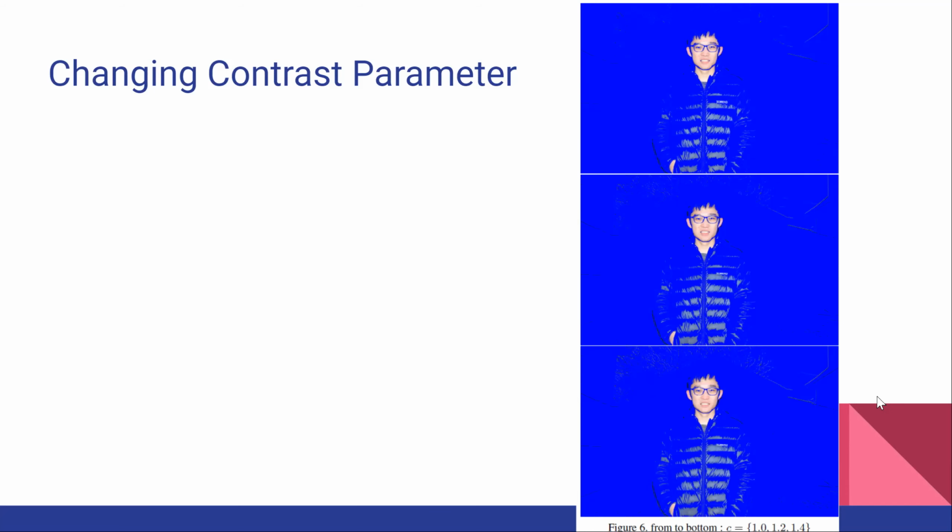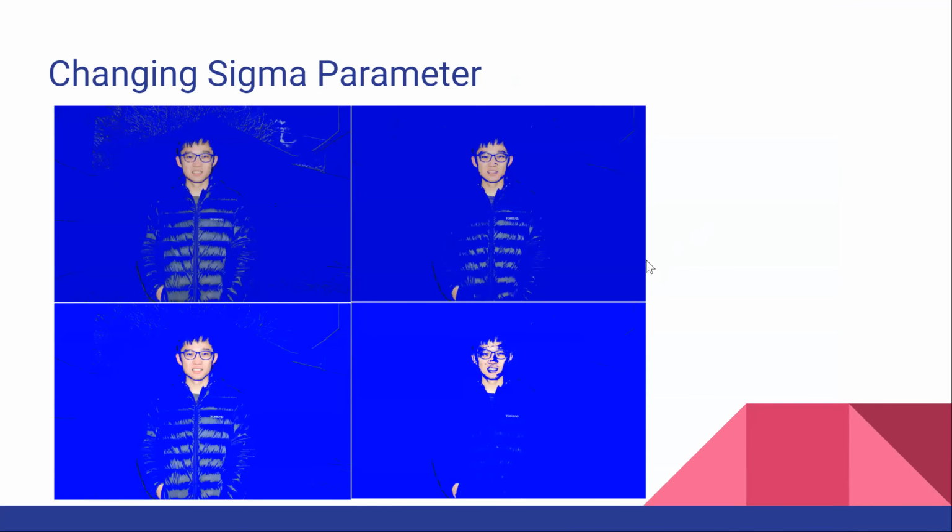We can see there are basically no changes, besides some of the background getting a little bit misclassified. And the sigma parameter is, remember, from a few slides ago, the standard deviation for the distribution of the IDF, the diff matrix. The top left is 0.25, and it increases from left to right; this one is the largest sigma value and this one is the smallest.